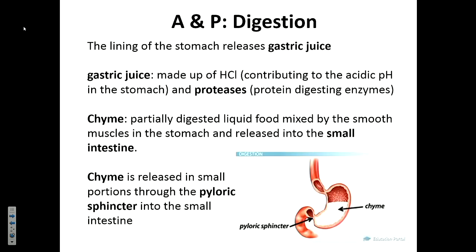All right. The next phase, after it enters in through the mouth, inside of the stomach, you're going to release gastric juice. You see that's in bold, also a key term. Gastric juice just means it's hydrochloric acid and a mixture of enzymes, specifically proteases, that are exactly what the name says, protein digesting enzymes.